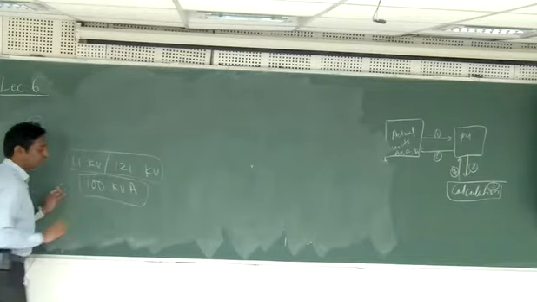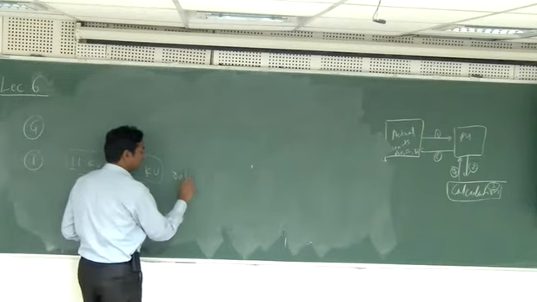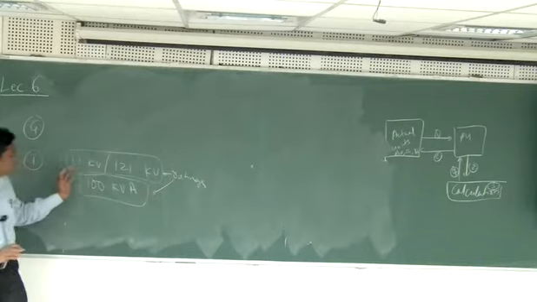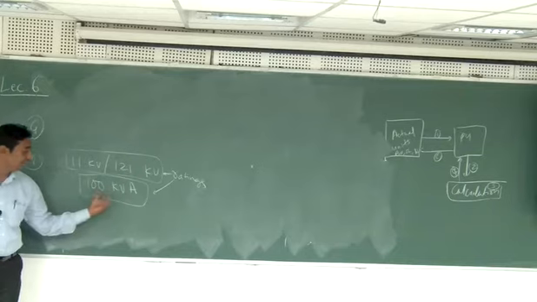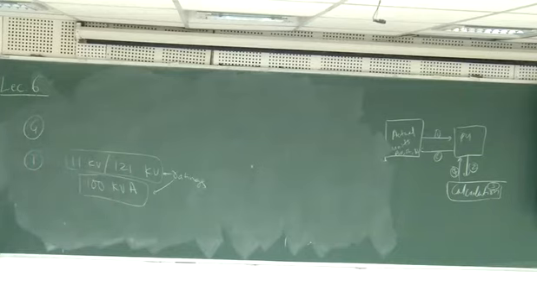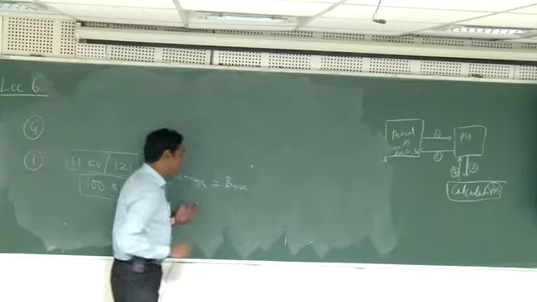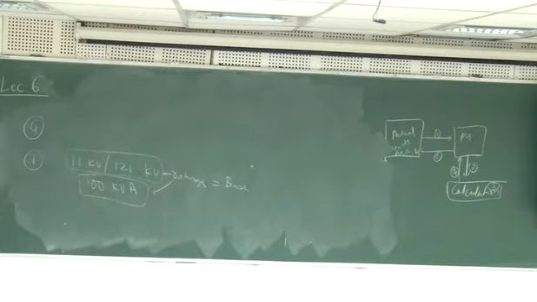These are the ratings: the voltage rating of primary, secondary, and then the MVA rating or the kVA rating of the transformer. What the transformer manufacturer will do is say that my ratings are nothing but my base quantities. So the ratings are equal to base.